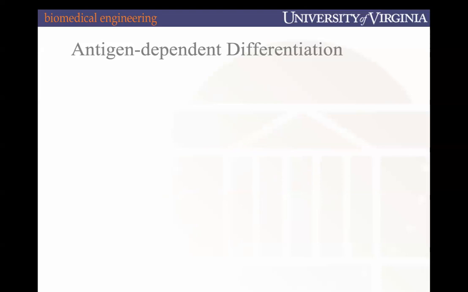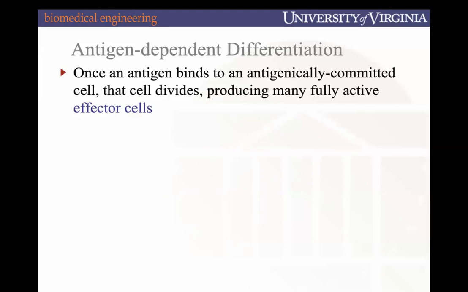And so specifically for antigen-dependent differentiation here, once our lymphocytes via their antigen receptor bind to the specific antigen, it's going to promote their activation. They're going to massively proliferate, and they're also going to differentiate into what we call a fully active effector cell.